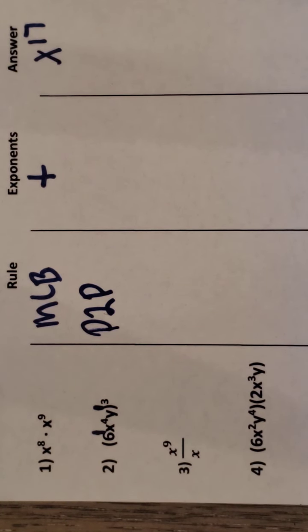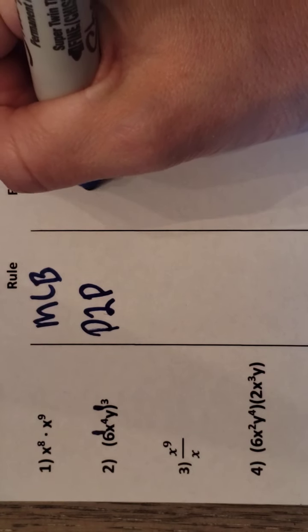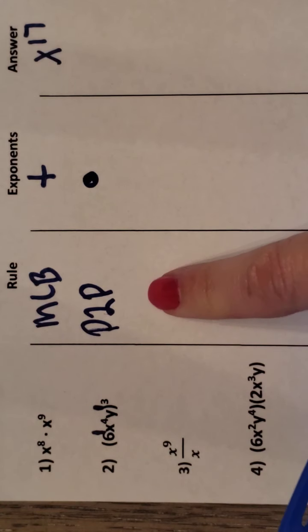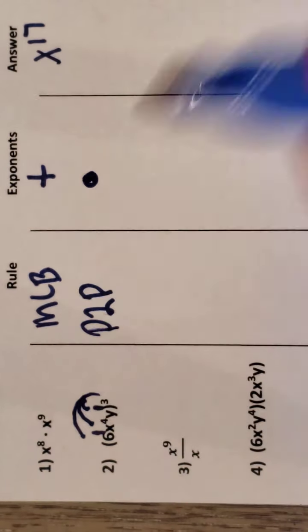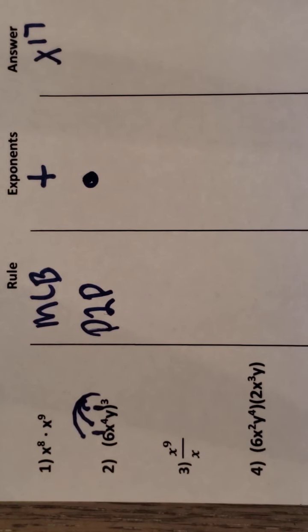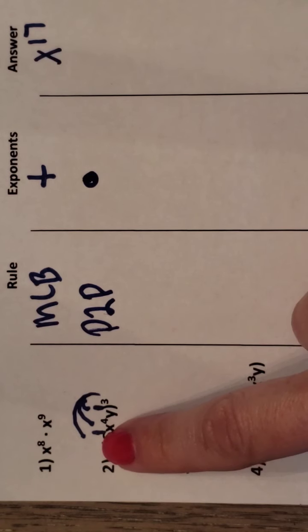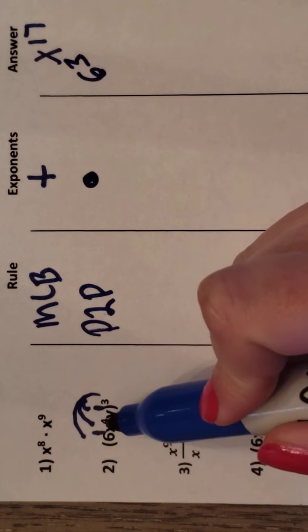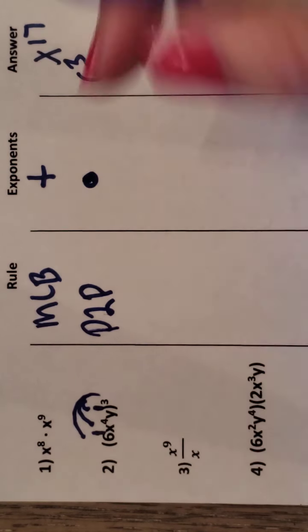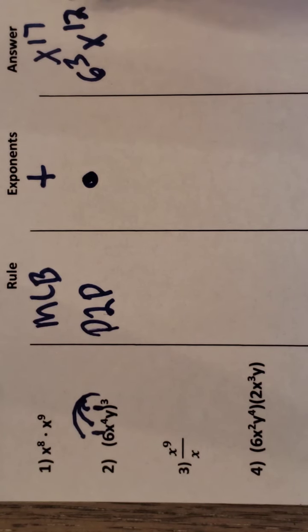And we are going to do what to the exponents? Multiply. Remember, this is the one that's like distributive property, so an arrow goes to every single exponent in the problem. 6 to the 1st becomes 6 to the 3rd. X to the 4th becomes x to the 12th. And y to the 1st becomes y to the 3rd.